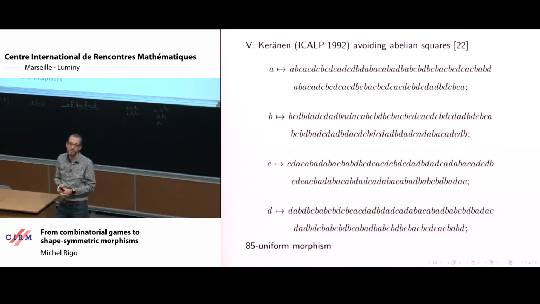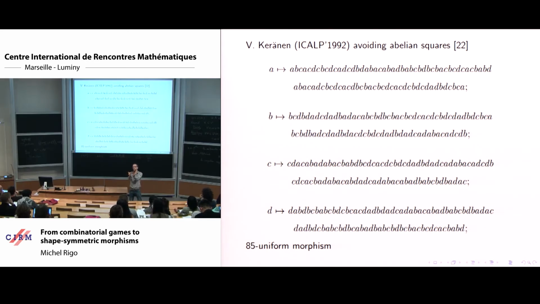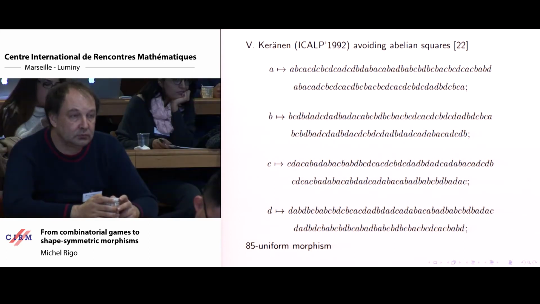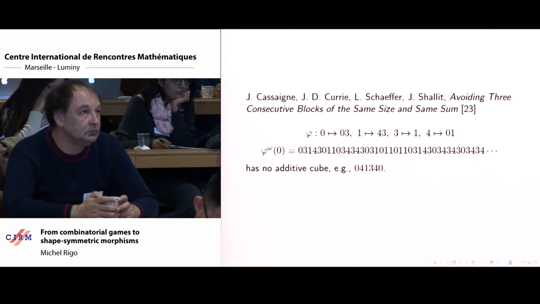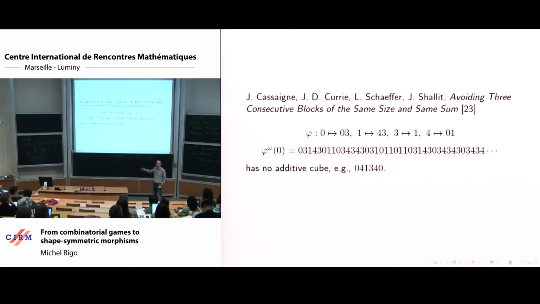This is more or less just a copy of 2 times the same factor, but here you can permute letters from one of the 2 factors, right? So you have 2 factors with the same abelian vector. And so here again, you can prove that if you iterate this morphism, you will get some infinite word avoiding that kind of repetition.